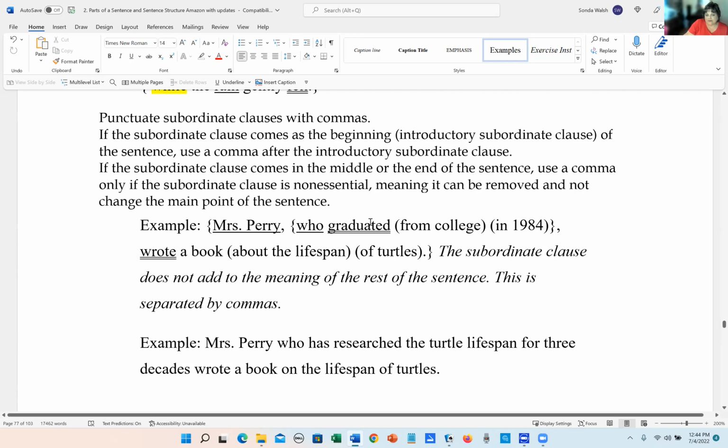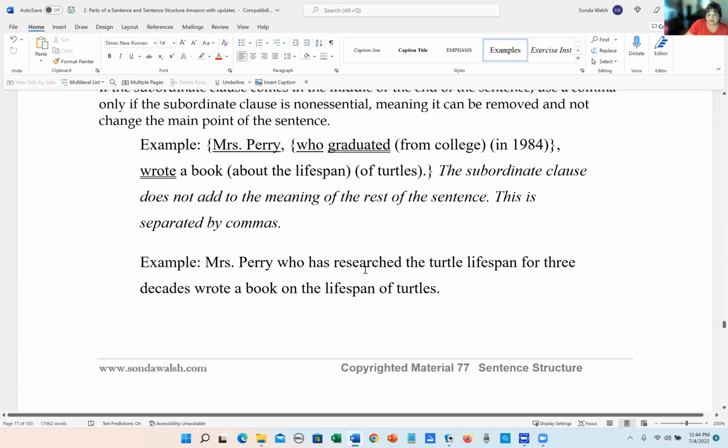Well, it's irrelevant that she graduated from college in 1984. So this is a non-essential subordinate clause. When she graduated from college has no bearing on that sentence other than it's just a little bit of information. So we set that off with commas.